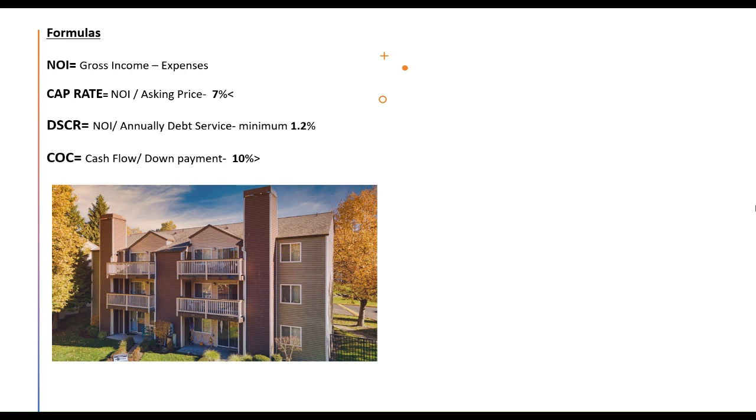That's how they know if the property produces enough money to cover the debt. COC is equal to the cash flow divided by the down payment. So you want to look for a cash on cash return of 10%. The higher the number, the faster our money is coming back to us from the investment that we did.